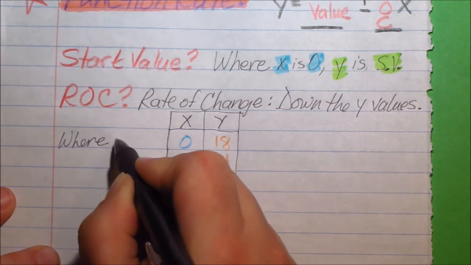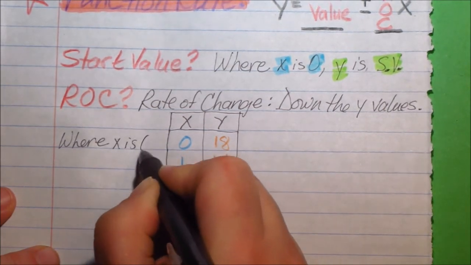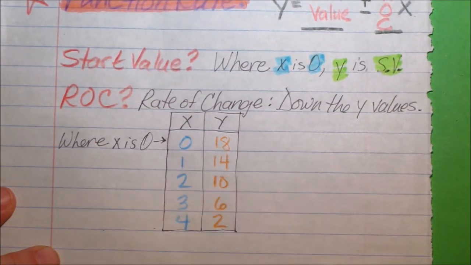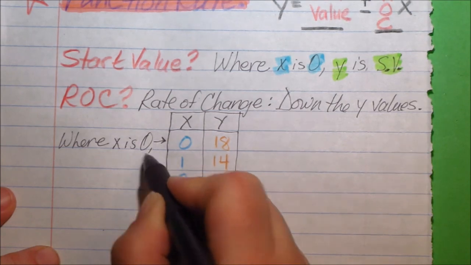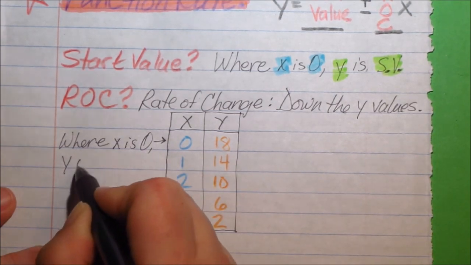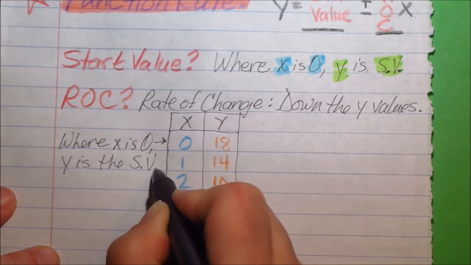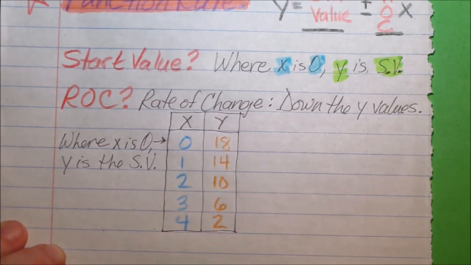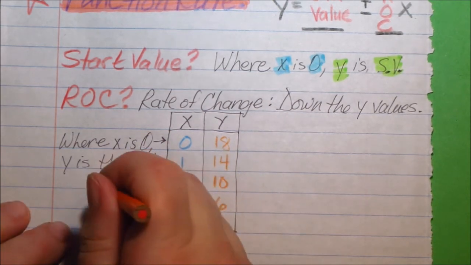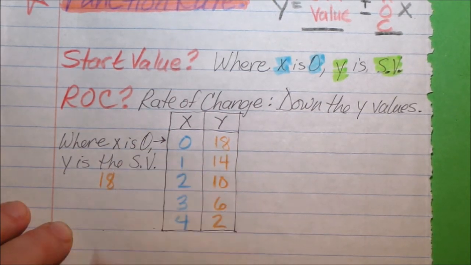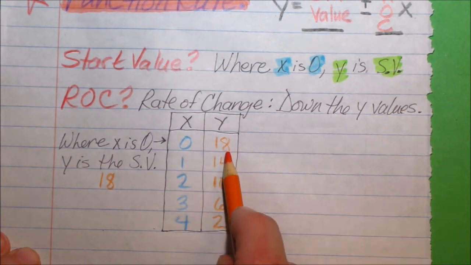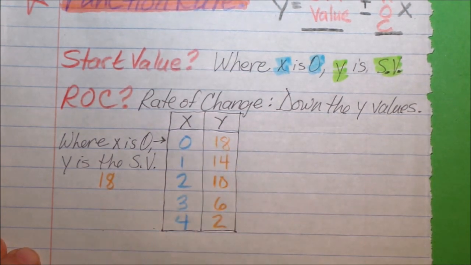Where x is 0, and that's happening right there, y is the start value. So what's our start value? 18. Right? Because x is 0, y is the start value, 18.